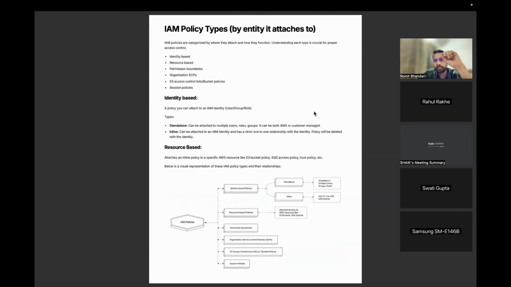And now IAM policy types by the entity it attaches to. There are two types. Distinguishing or understanding these different policy types is very important. Identity based and resource based. Now, identity based could be standalone and inline both.